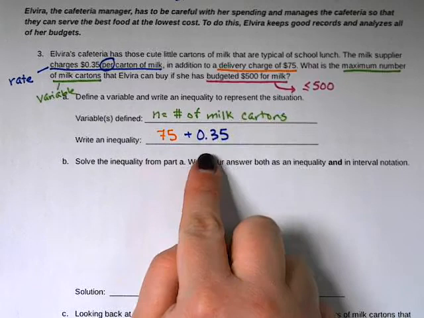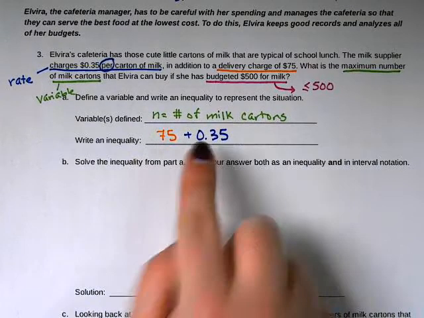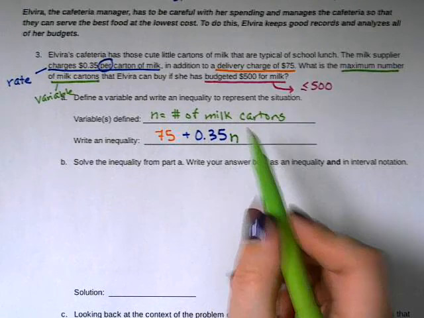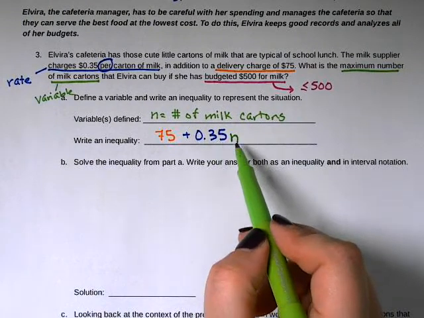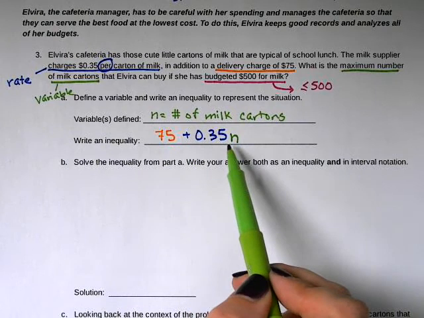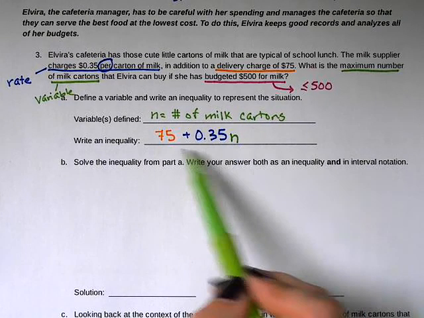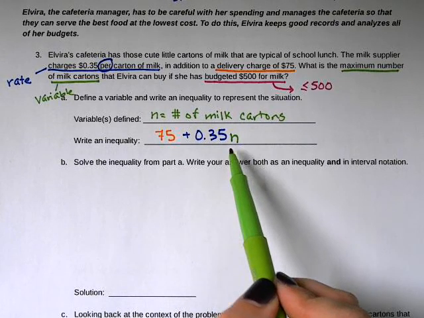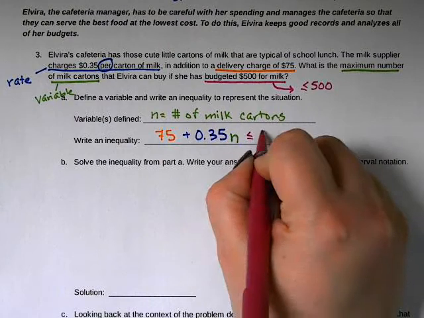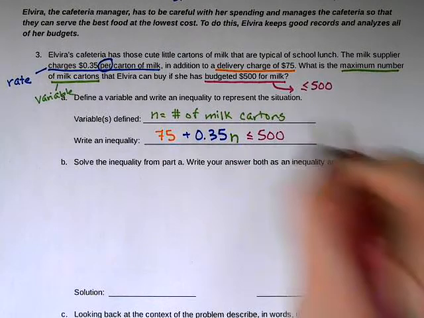Since that 35 cents is our rate, the variable is going to go right next to that. So there's our rate times our variable. 75 plus 0.35n is going to give us the total amount of money that Elvira is spending on milk cartons. And we know that needs to be less than or equal to 500.